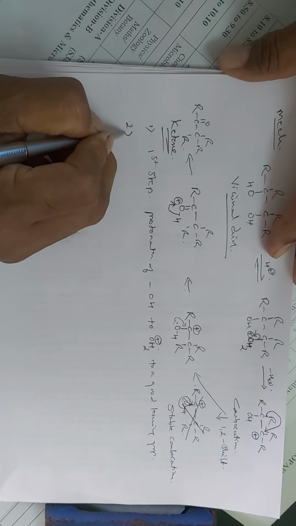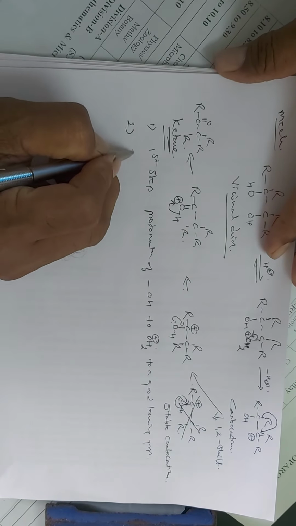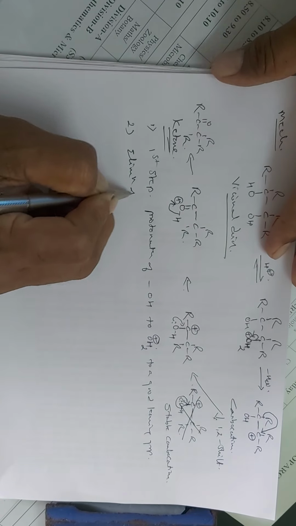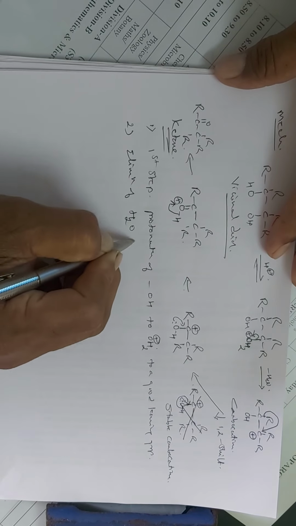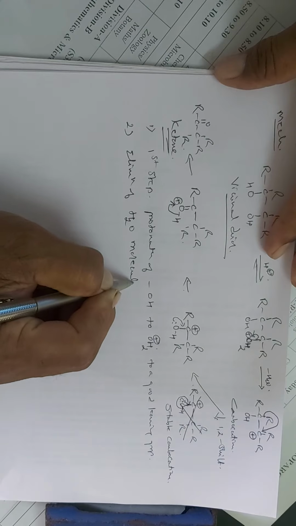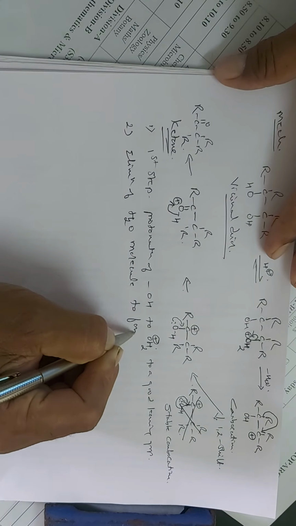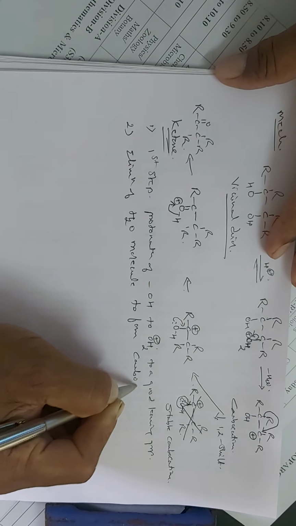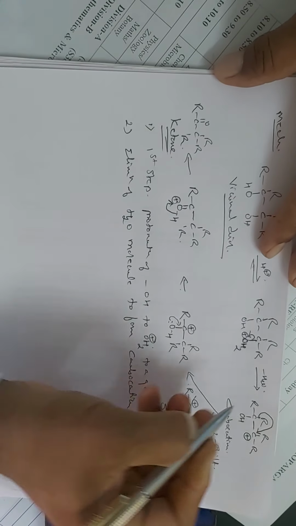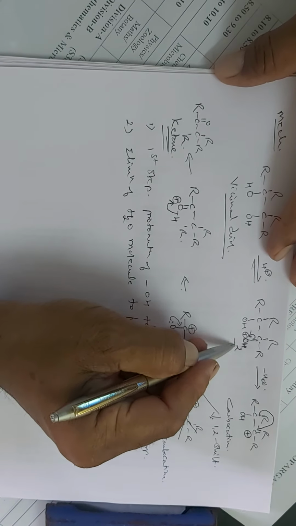In the second step, elimination of a water molecule to form a carbocation. So the first step is the formation of a good leaving group.